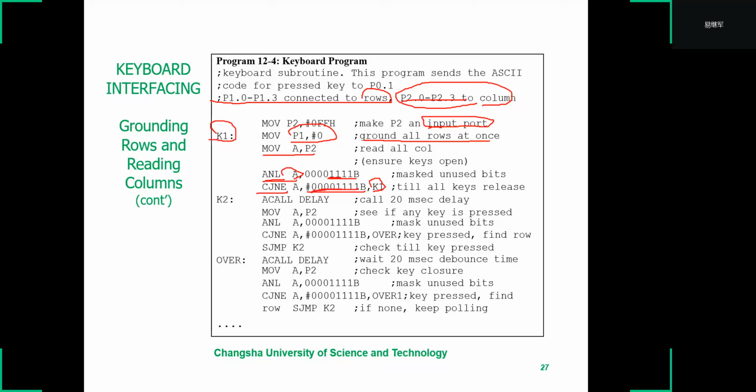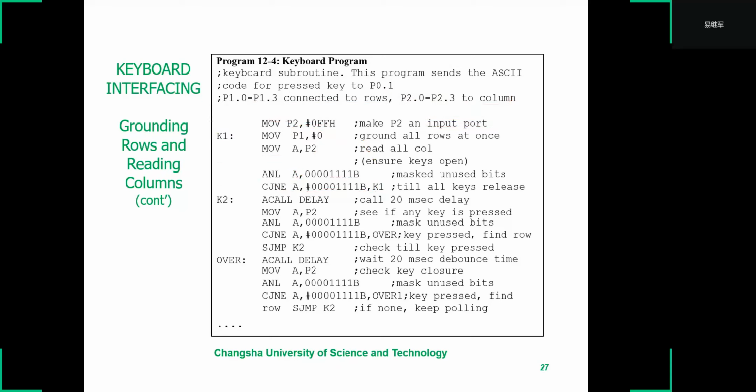If no key is pressed, loop here. If there is a key pressed, call delay and read again, and judge this result again.